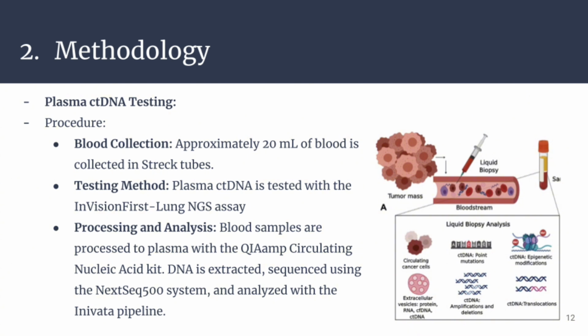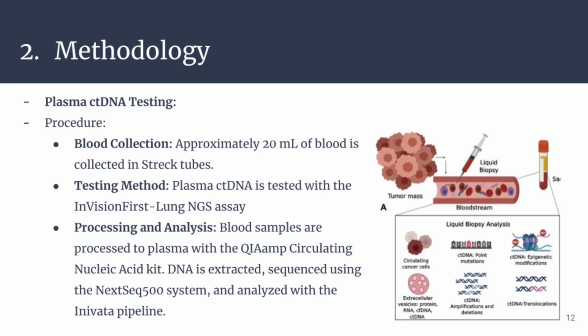Now we will discuss in more detail the plasma ctDNA testing. All consenting patients underwent the plasma ctDNA testing, and the procedure included the blood collection, where 20 ml of blood is collected, and the testing method is the plasma ctDNA testing using the Envision First Lung NGS assay targeting 37 genes relevant to lung cancers.